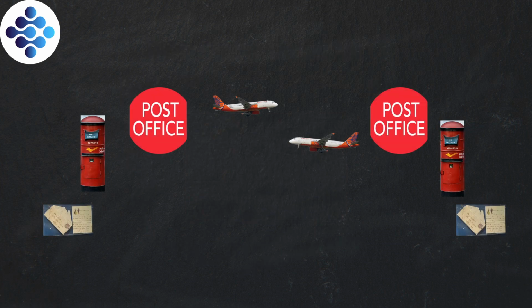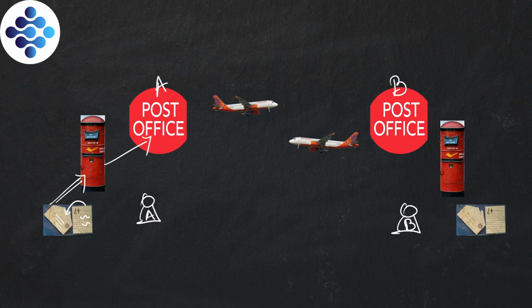So let's take a real life example. Here is A, and let's say this is post office A, this is post office B, and here is the recipient B, right? So A writes a letter, puts it into an envelope, addresses it and posts it into the post box. It reaches the post office.